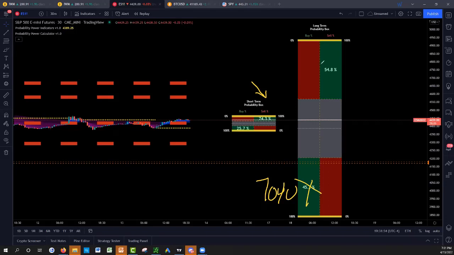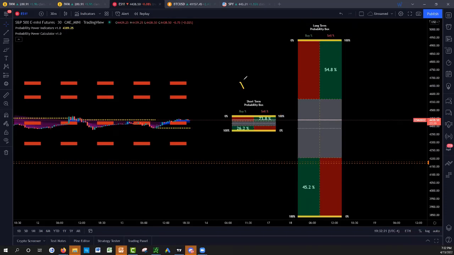Well, the long-term probability box will always be the winner, and you don't want to counter trend that. So if this one is long, instead of shorting here, let it retrace here and buy here for a break move within the overall long-term probability box. Because long-term probabilities will always trump the short-term for the day.